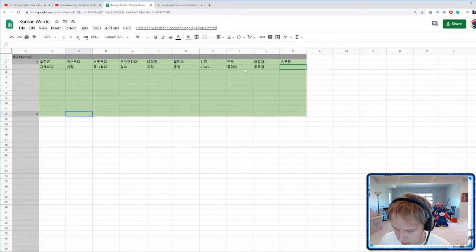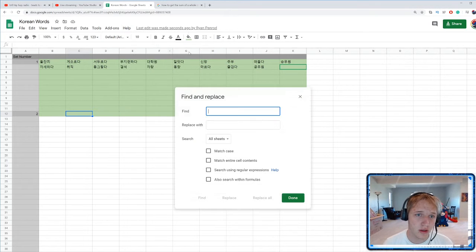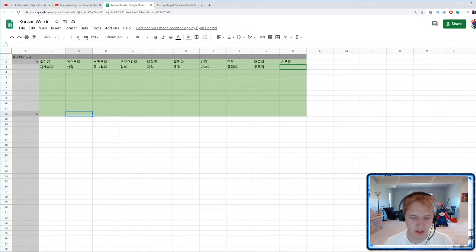Also, you might be wondering, why do I want to write the words in here versus just going through and keeping track of it manually? The reason is, since there's going to be a lot of words, I would love to be able to just go find and replace, type in a word, and then have it pull up. I checked, and you can do it through every single sheet.